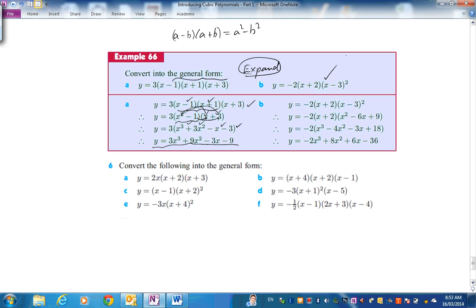Let's have a look at this one over here. Being careful to leave the neg 2 out the front. X plus 2 by x take 3 squared. We could do this one straight up, or you might have to FOIL it. Hopefully you know, as we said before, a take b, all squared, is a squared, take 2ab plus b squared.